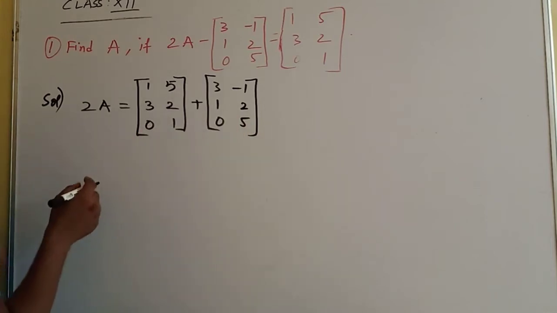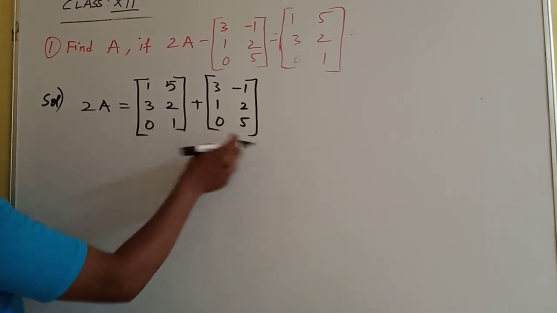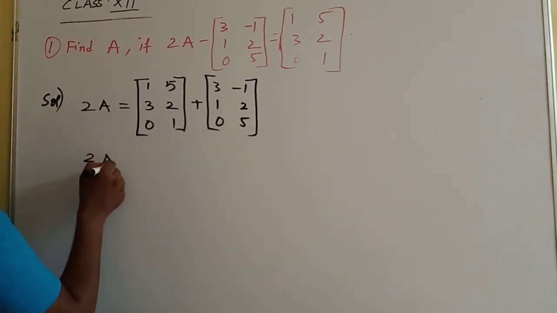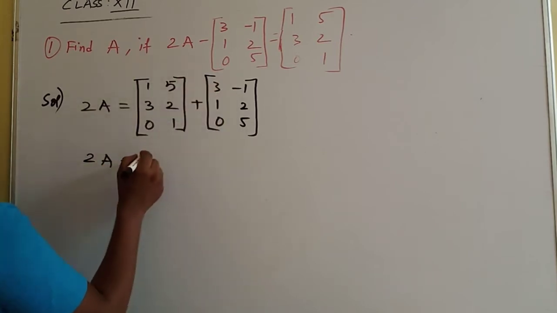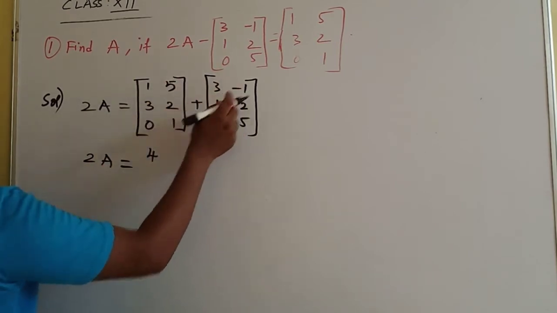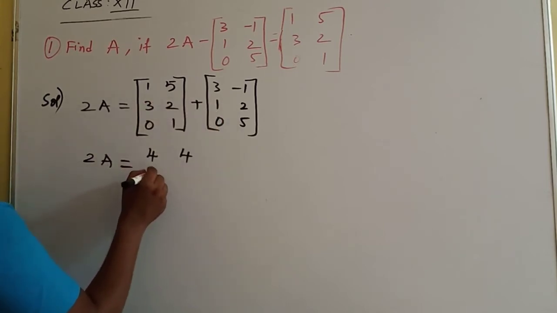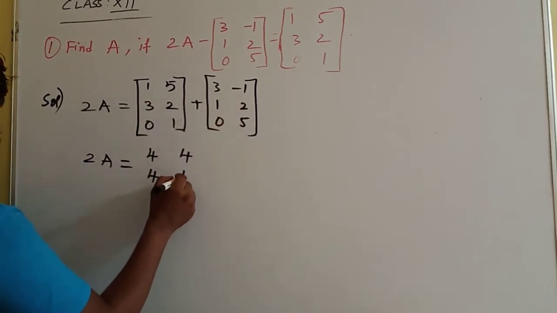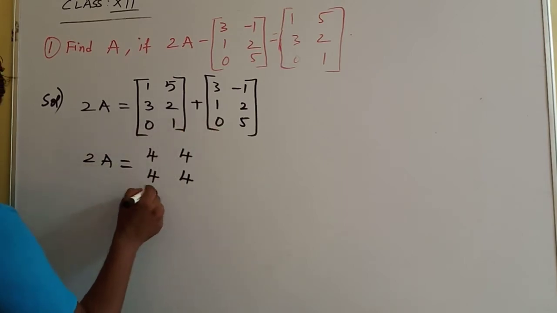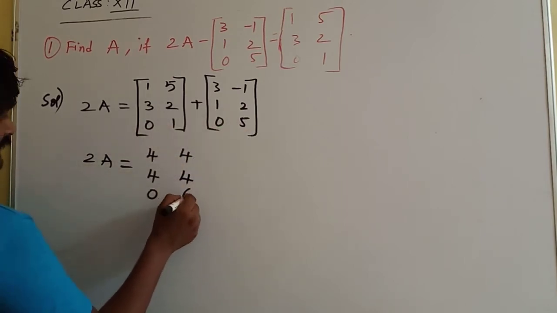Now normal addition, because these orders are the same. So 2A is equal to 1 plus 3 is 4, 5 minus 1 is 4, 3 plus 1 is 4, 2 plus 2 is 4, 0 plus 0 is 0, 1 plus 5 is 6.